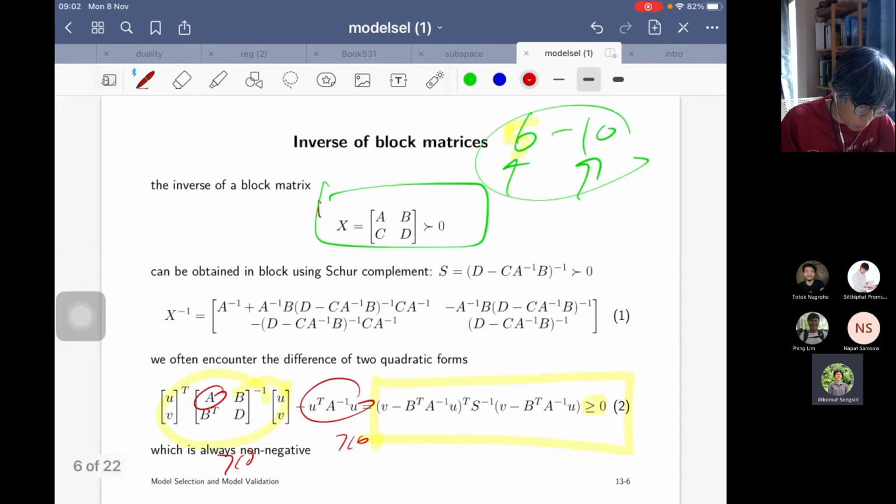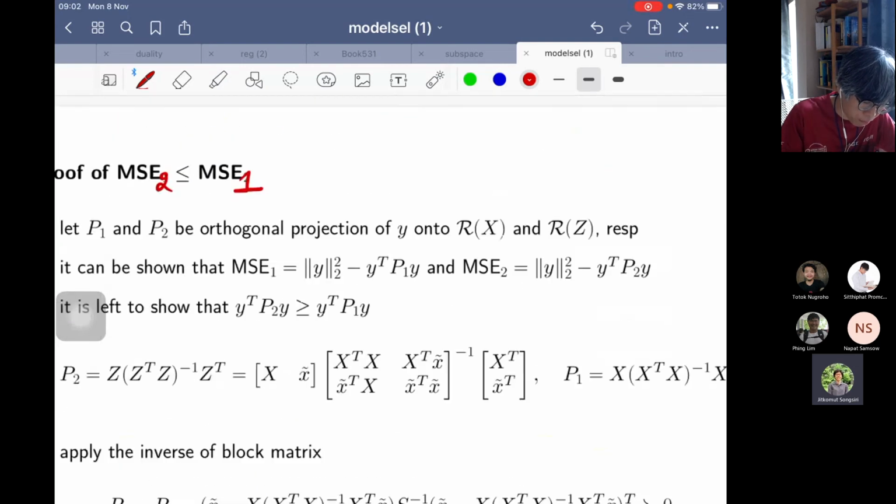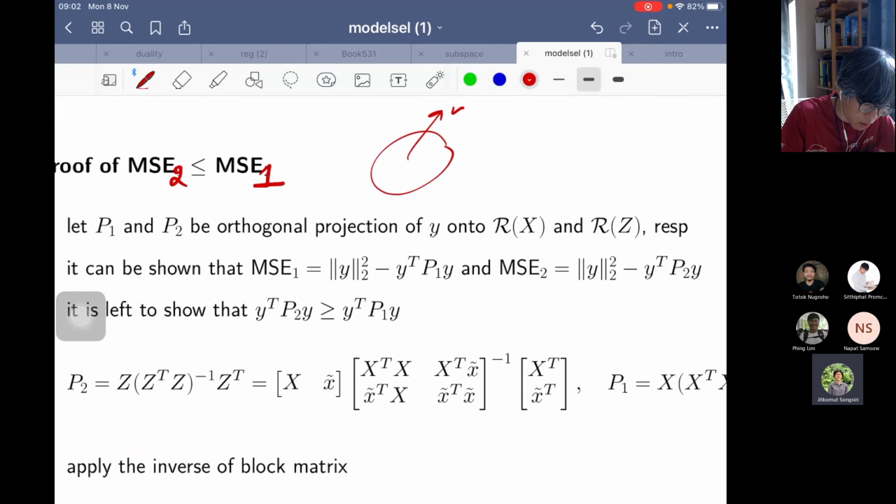Remember, we gave the example of the linear regression model. Remember the concept: you want to estimate Y and you project Y onto what?